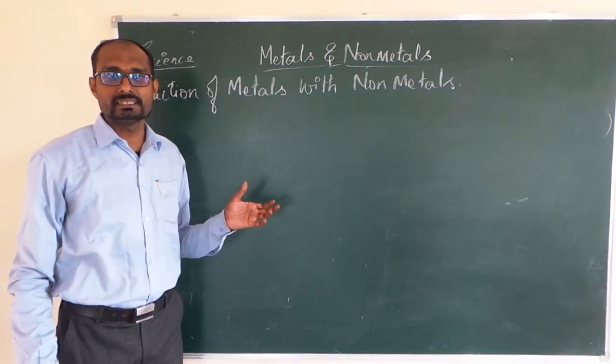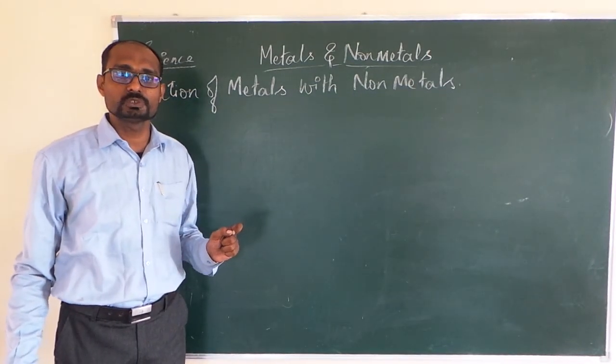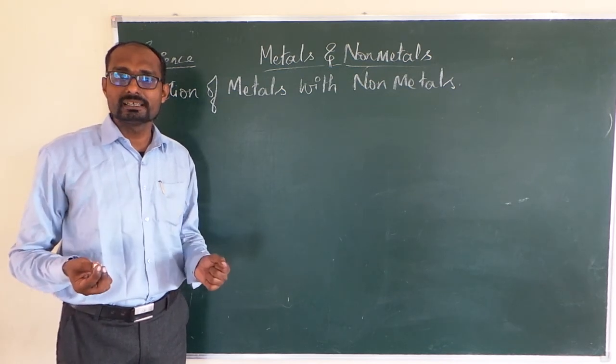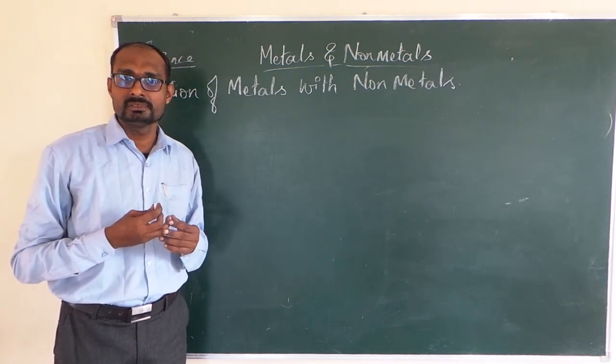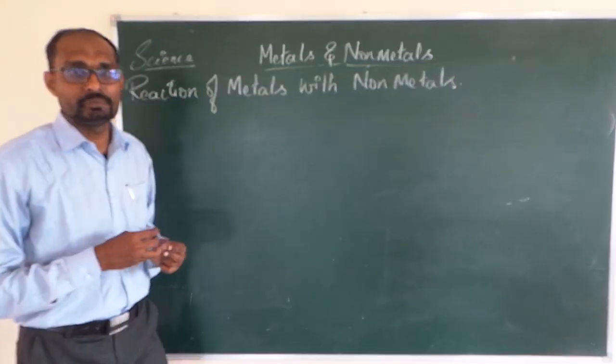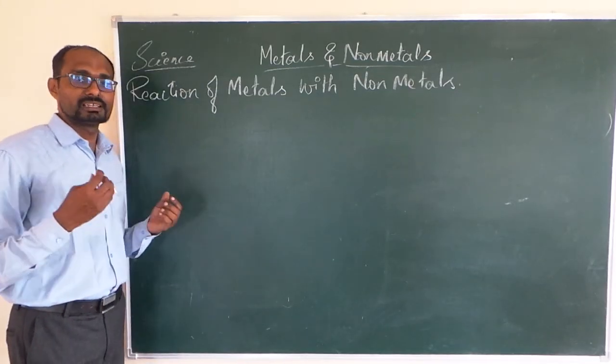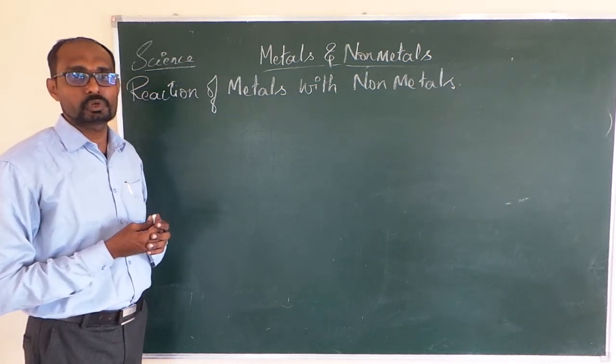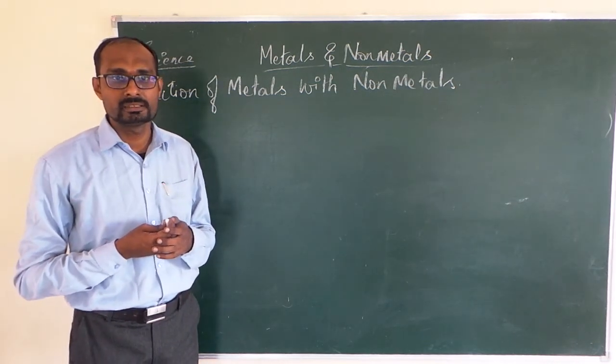To understand this, I need you to recollect and recapitulate what you have learned in your 9th standard. When we were learning about atomic numbers, we also came across electronic configuration.